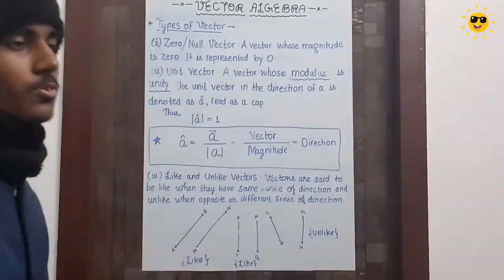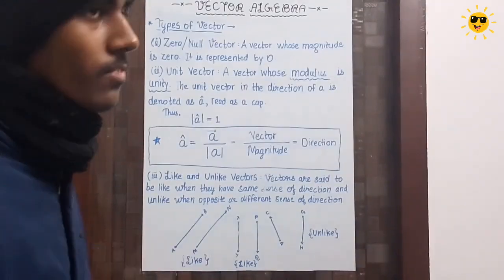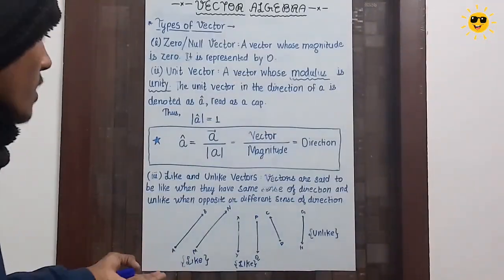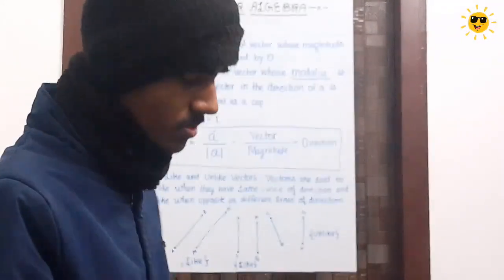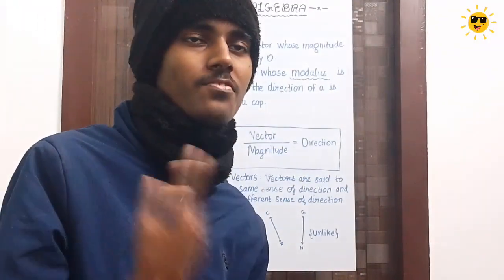You can use this for more than two vectors to find whether they are like or unlike. So this is one kind of vector, like and unlike vectors. Most of the types of vectors you are going to learn are with respect to another vector: there will be two vectors through which we classify them.